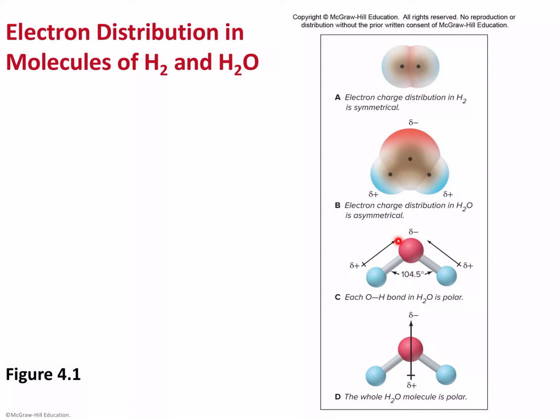This is how we depict the polarity of a bond, with the arrowhead pointing to the more electronegative atom, and the back of the arrow with a plus pointing to the more positive atom. So there are 2 polar bonds, and their bond angle is 104.5 degrees.